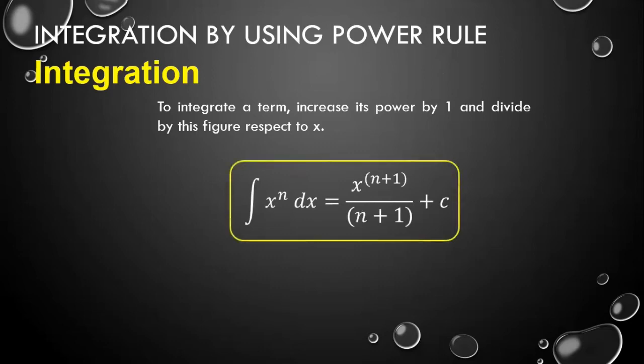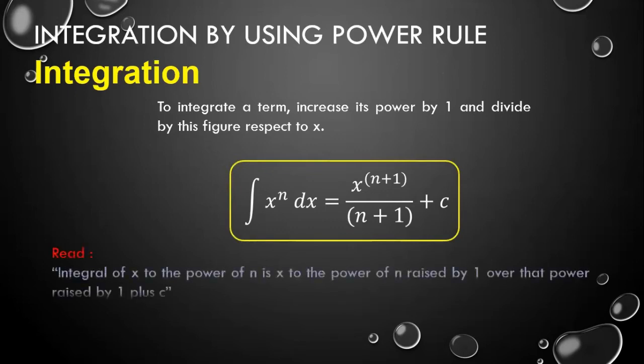This is the formula. How to write this one? The integral of x to the power of n is x to the power of n raised by 1, over the power raised by 1, plus c.